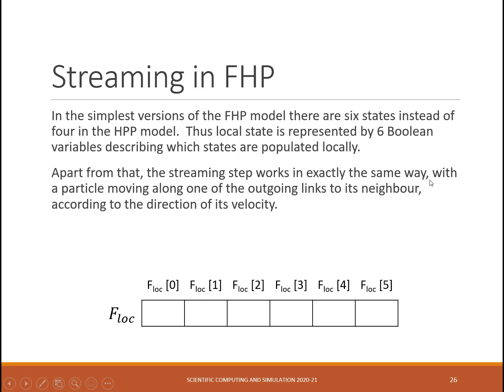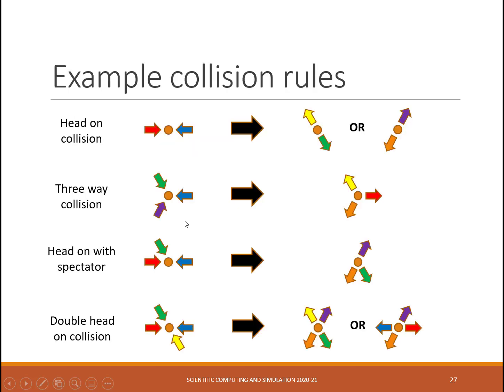Let's now go through the collision rules in the FHP model. Here we have some examples demonstrating the collision rules in the FHP model. The first case shows a two-particle head-on collision. Using the collision rules, the current states can be transformed into one of the two different states, as presented here.